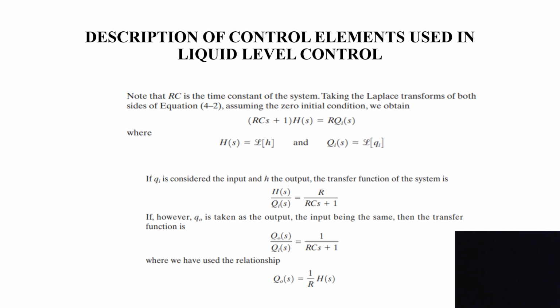From this, h by Qi is R by RCs plus 1, and we already know that h by R is Q naught. So Q naught by Qi, the outflow rate by the inflow rate, is represented as 1 by tau s plus 1, where tau is the time constant, which is R into C. Okay, thank you, students.